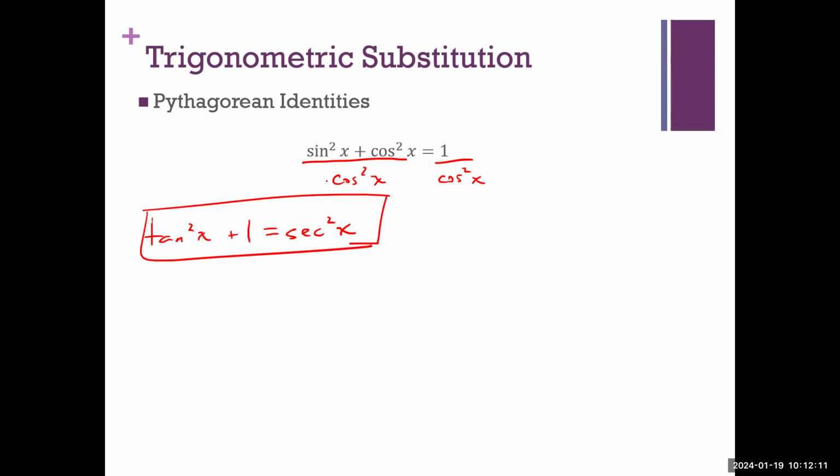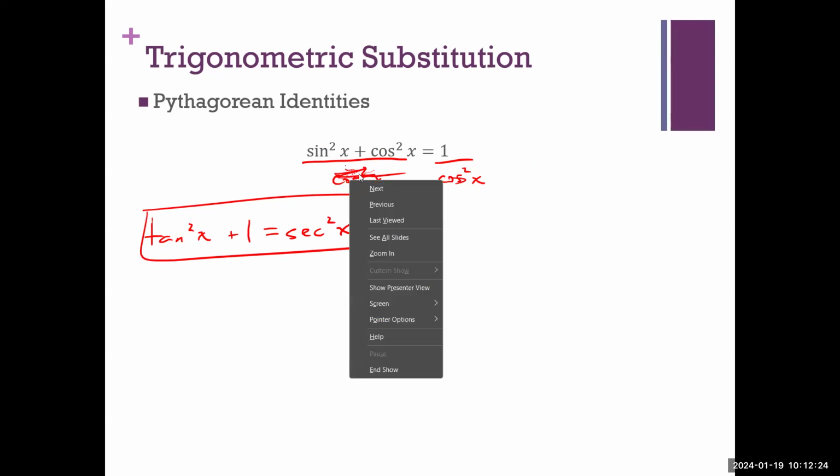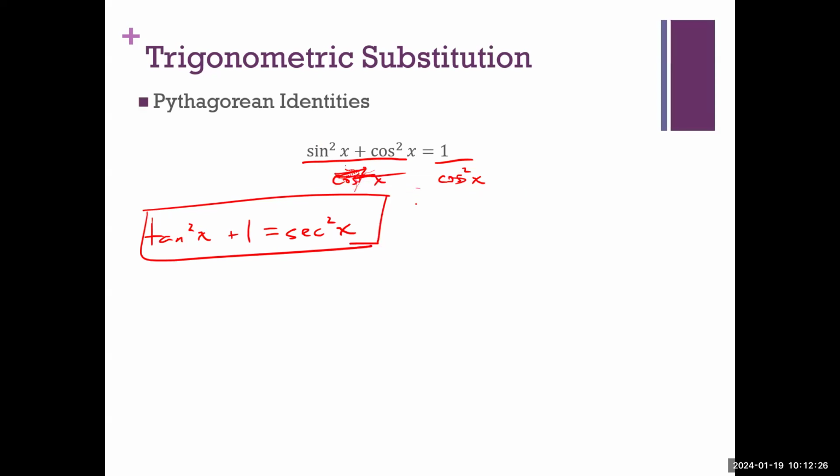What if instead of dividing by cosine squared, I divide by sine squared of x? 1 plus cotangent squared of x equals cosecant squared of x.